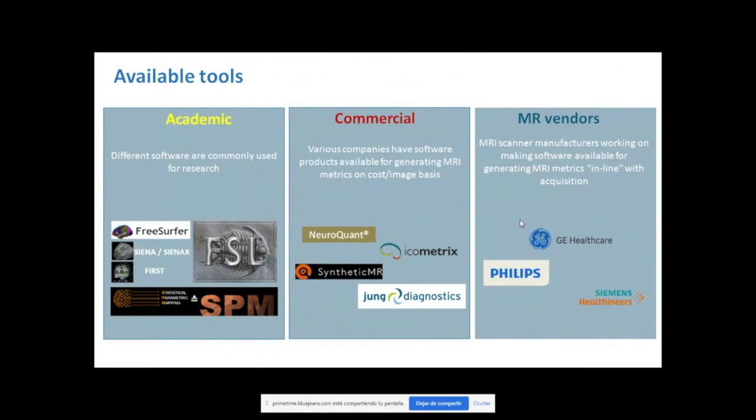They are reliable, they are usually free, but they have the inconvenience that they are not friendly at all. You have to know a little bit about IT issues, and it is also time consuming. So it's good for research, but they are not ideal to be used in clinical practice. Second, we have different commercial tools.